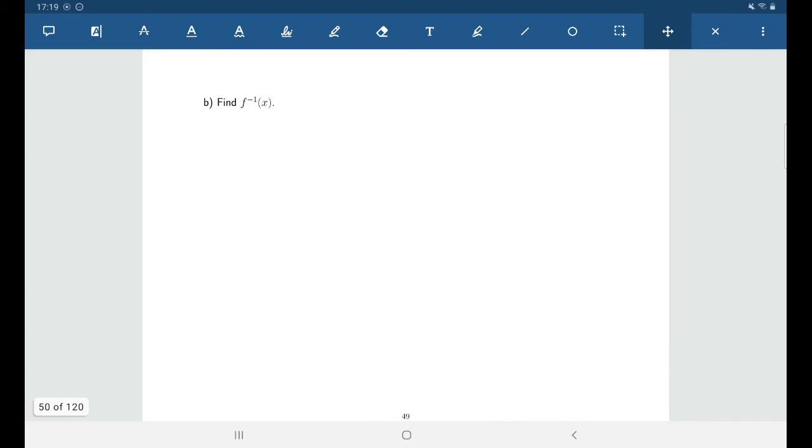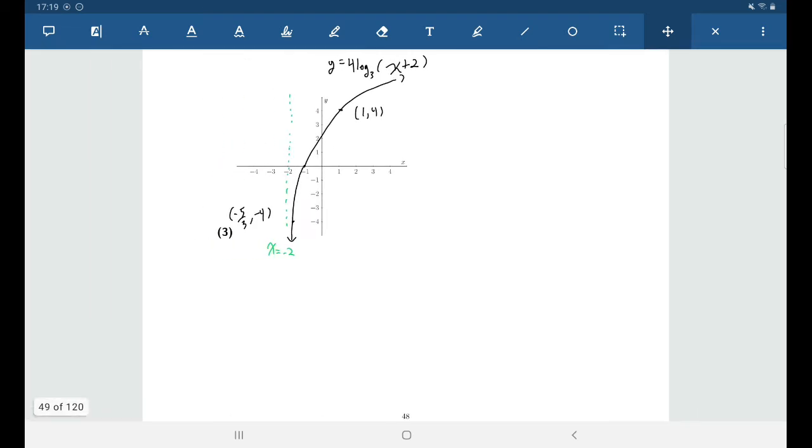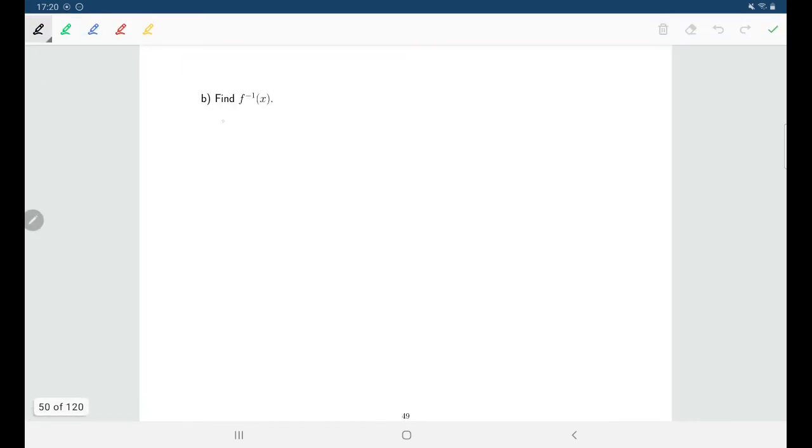All right, so now we want to find the inverse of this. And just again, to circle back, we know that the inverse exists, not just because we keep saying that logs and exponential functions are inverses of each other, although they are, but just thinking in terms of knowing this graph, this is a one-to-one function. This would pass the horizontal line test, so definitely we do have an inverse function. So first off, we had f of x was 4 log base 3 of x plus 2.